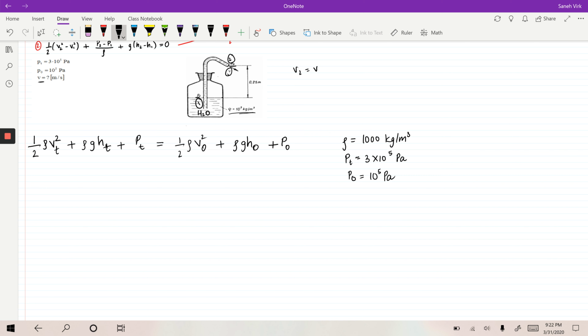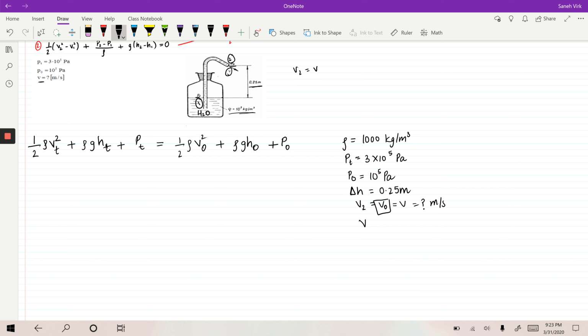What else do we have? The height is also given: delta h equals 0.25 meters. We're trying to find v2, which equals v naught, the same thing as v in this case, but I'm going to use v naught, in meters per second.